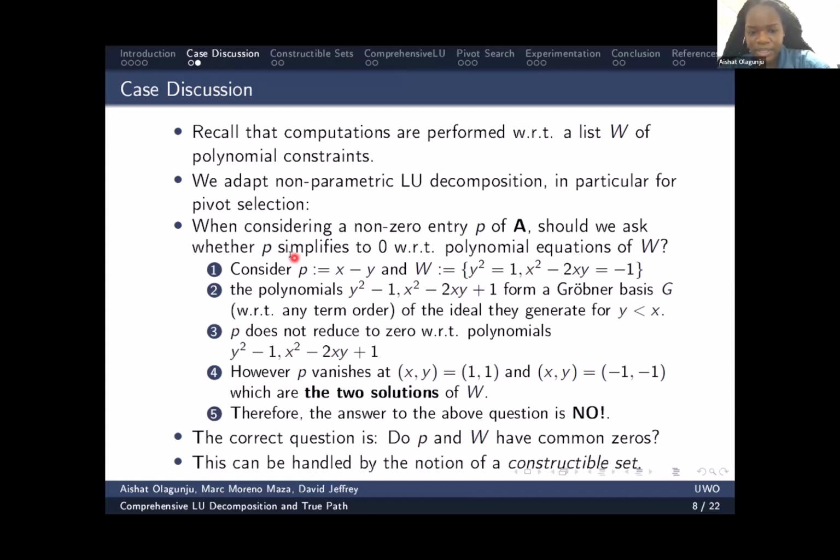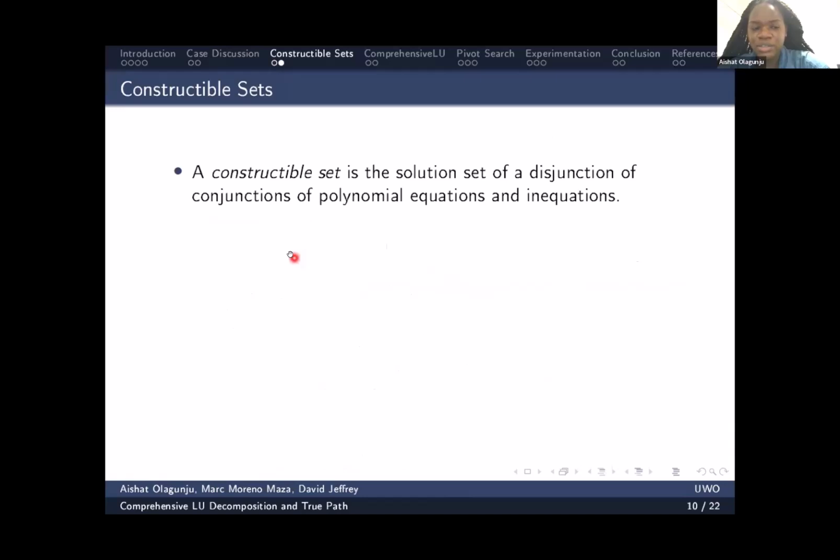And this can be handled by the notion of a constructible set, which can be found in the RegularChains library and the ConstructibleSetTools library in Maple. What exactly is a constructible set? It is the solution set of a disjunction of conjunctions of polynomial equations and inequations.